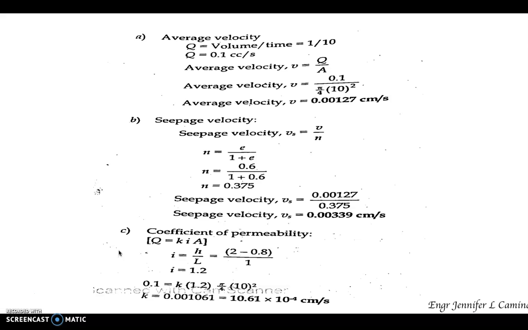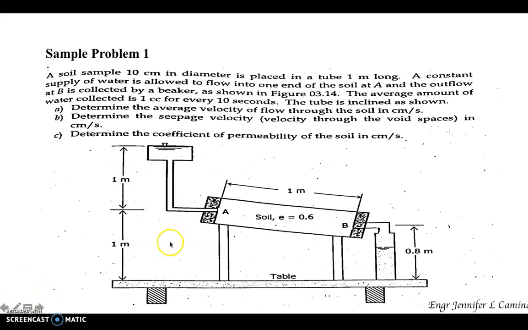After that, we can compute now for our coefficient of permeability, or the hydraulic conductivity. From the equation Q = K i A, we have to compute first our i, the hydraulic gradient. Based on our equation, i = H over L. From the setup, our H is from the inlet surface towards the outlet surface.